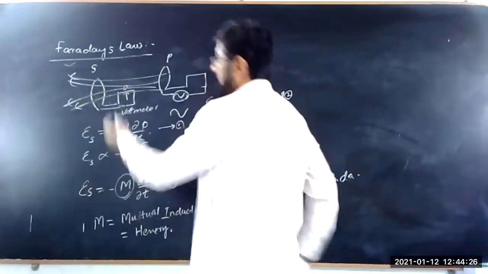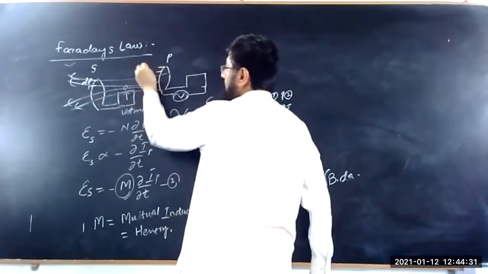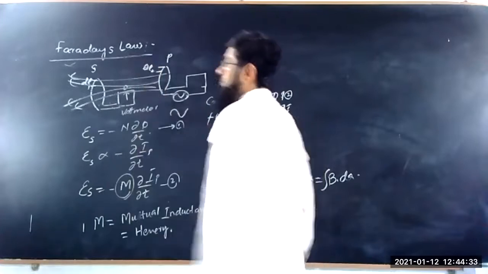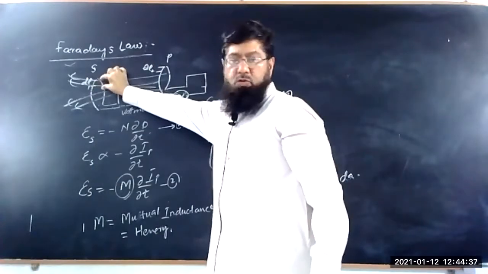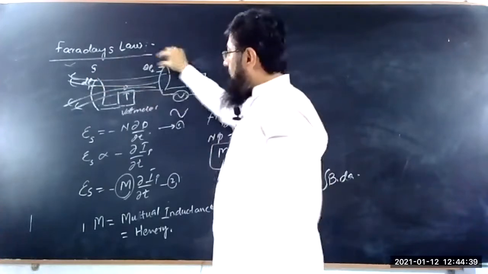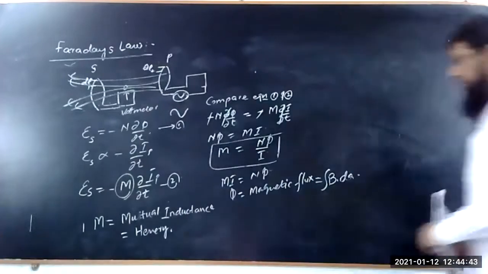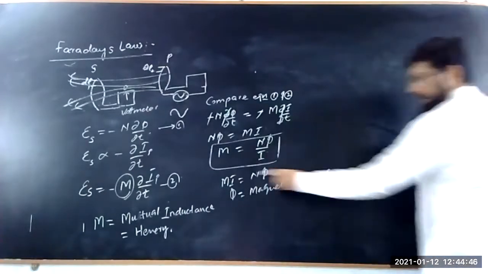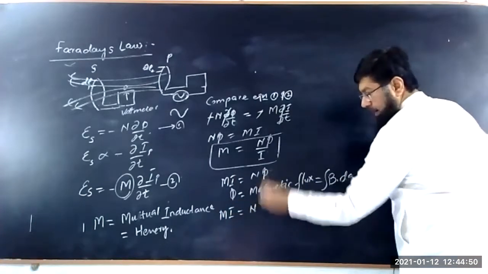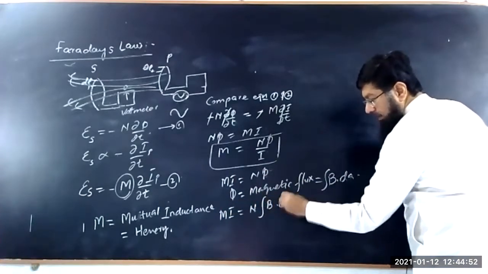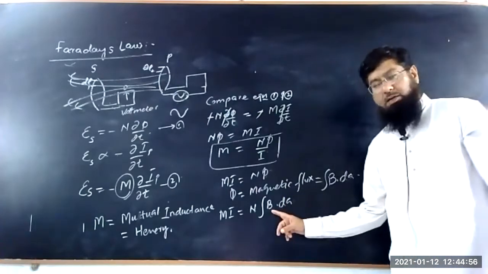If we say that this is the secondary coil, its area, this is dl1, this is dl2. Clear? So here dl1 is the line element of loop 1 or the secondary loop, and dl2 is the line element of loop 2. So here M i is equal to N phi, which is equal to B dot dA. This is written in terms of the magnetic field.